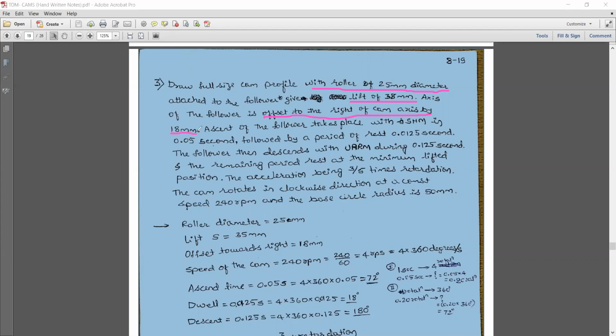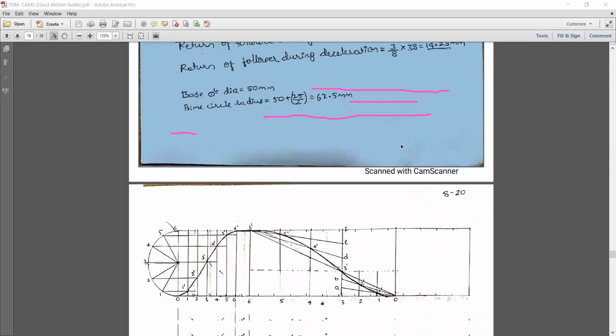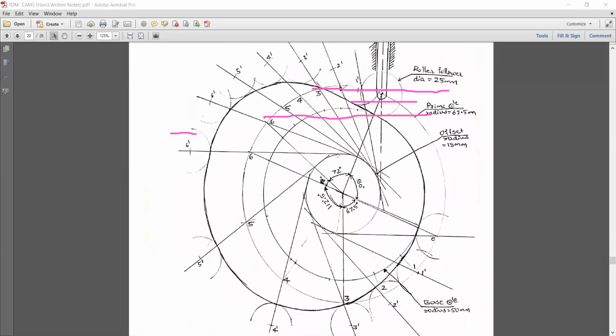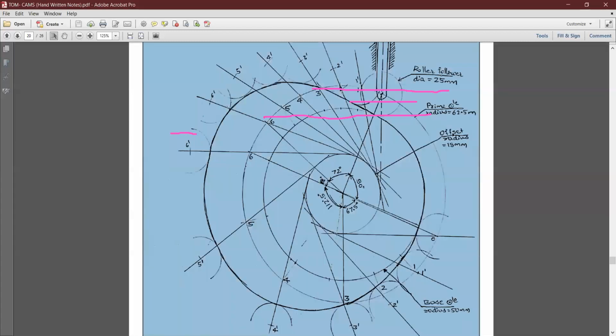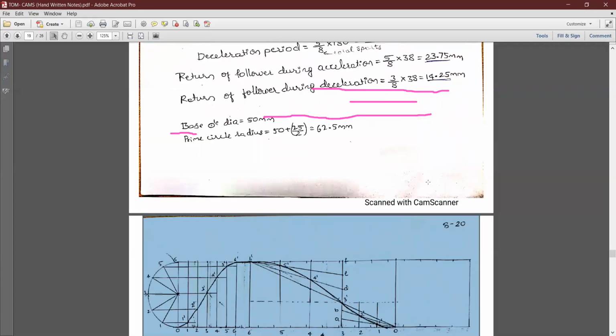You understood? 18 mm. Next, the offset circle will come here, right? This is the base circle, and this is the offset circle of 18 mm. Okay, and this is the base circle.